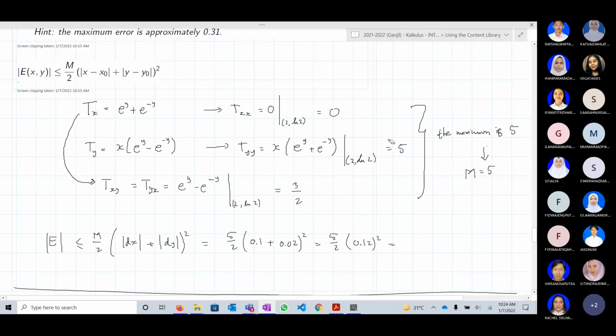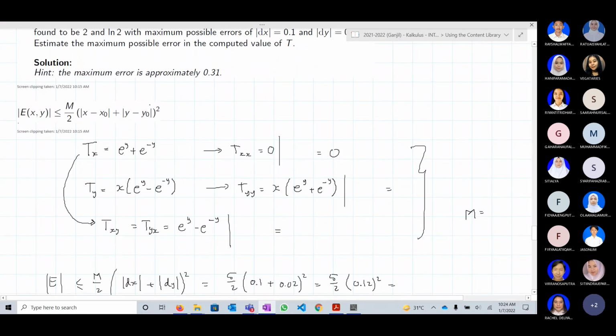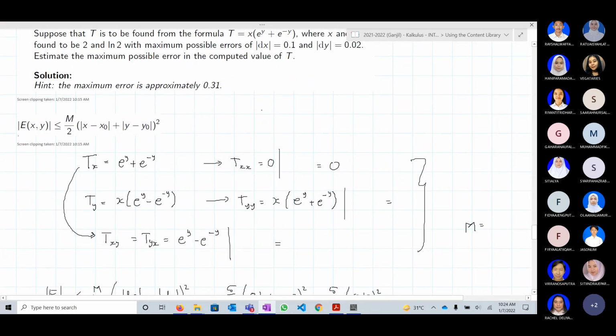So I think I know where I made a mistake. This is not like this. So this should be we evaluate at maximum possible error.